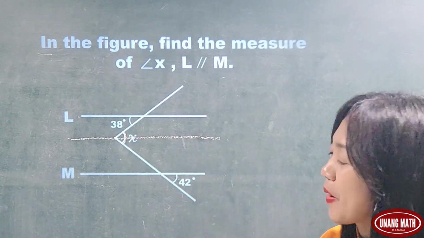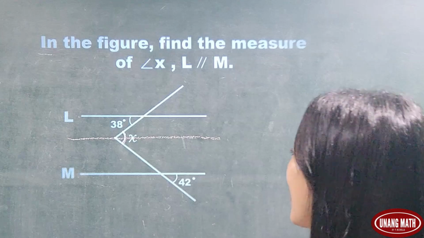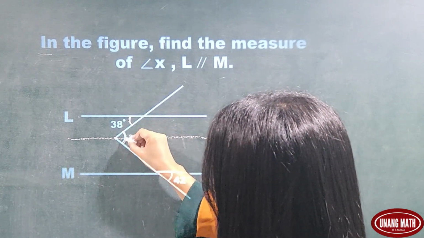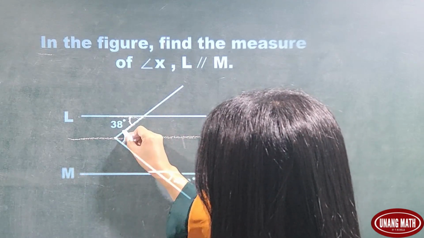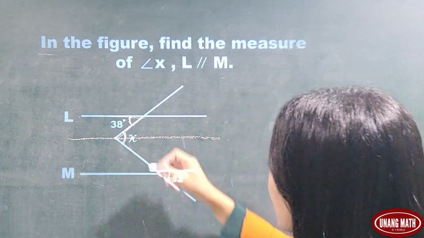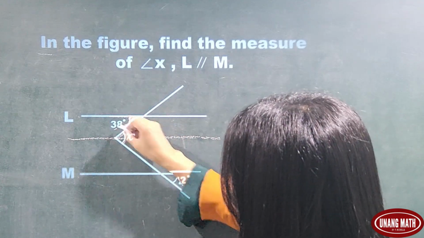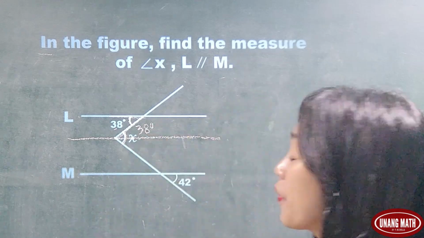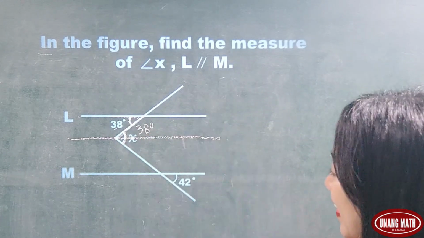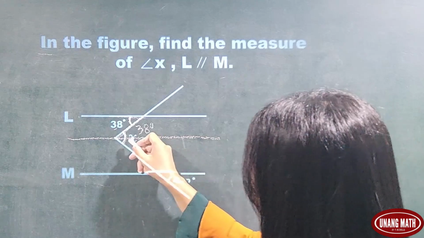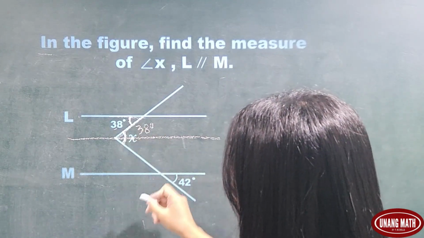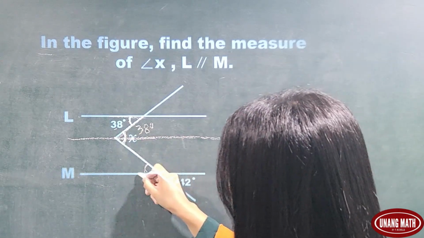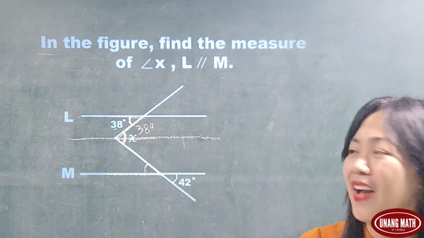Okay, apply the property of parallel lines. This angle and this angle are alternate interior angles. If this is 38 degrees, then this is also 38 degrees. Now, this angle and this angle are also alternate interior angles.